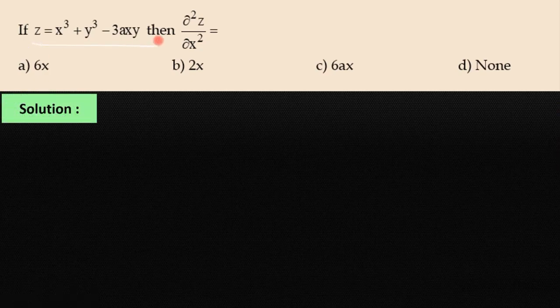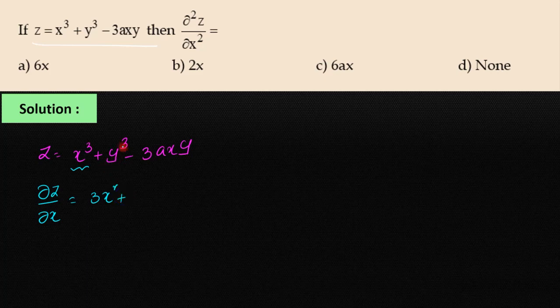Given z is equals to x cube plus y cube minus 3axy. Now partially differentiating with respect to x, we get dou z by dou x is equals to differentiation of x cube is 3x square plus differentiation of y cube.